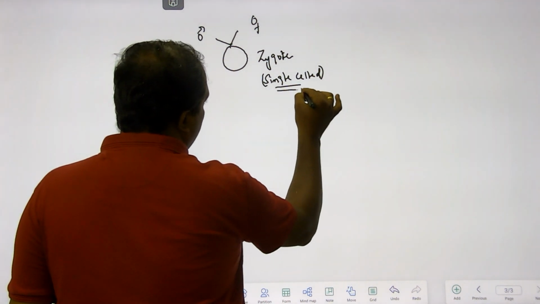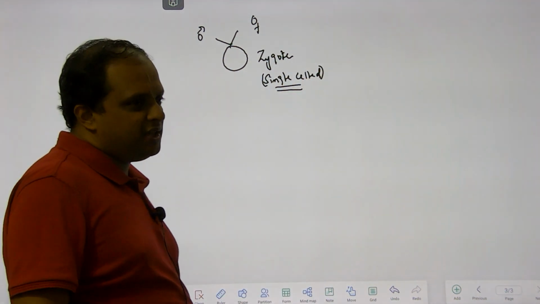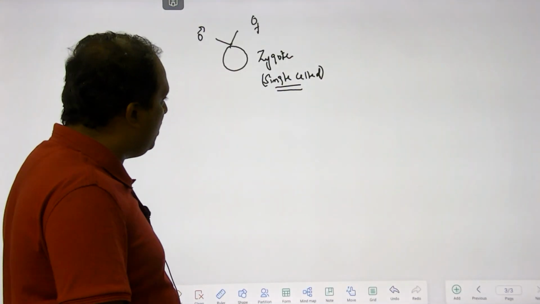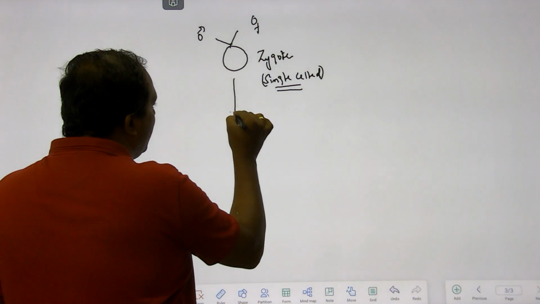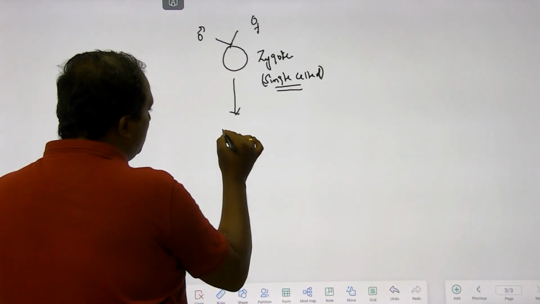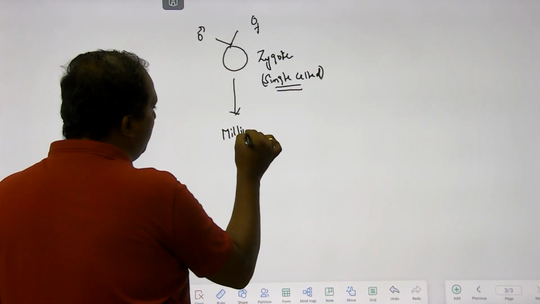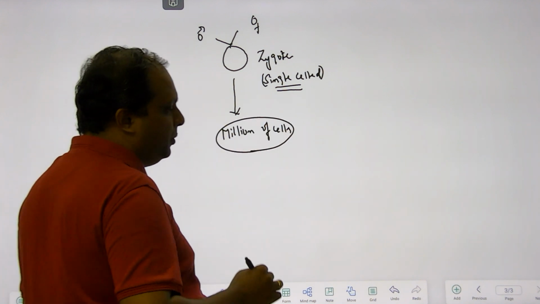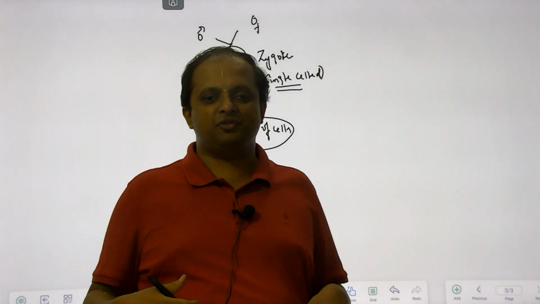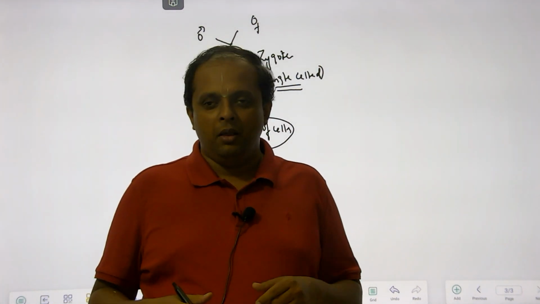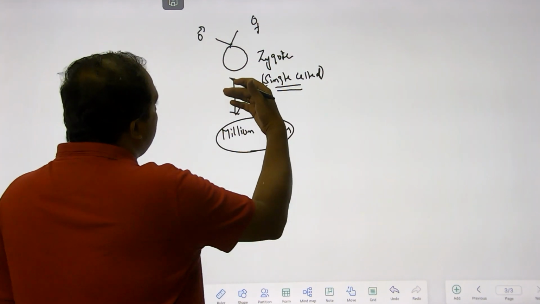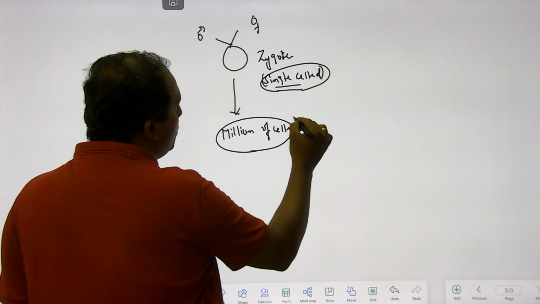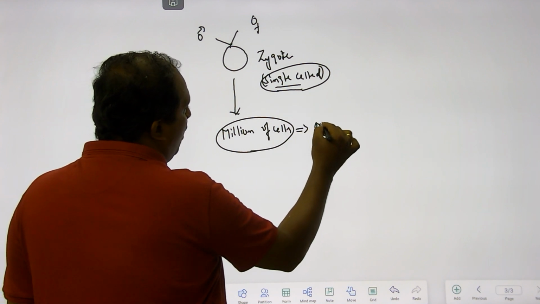Some people, in the case of humans, refer to the zygote as a two-cell stage, but for basic purposes we will assume the zygote as a single-celled organism. From this we develop into an organism with millions of cells. Right now I am standing in front of you as an organism with millions of cells, formed from a single-cell zygote. So cell division is what transforms a single-cell zygote into a million-cell organism.